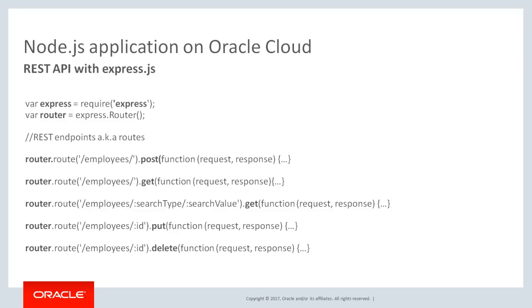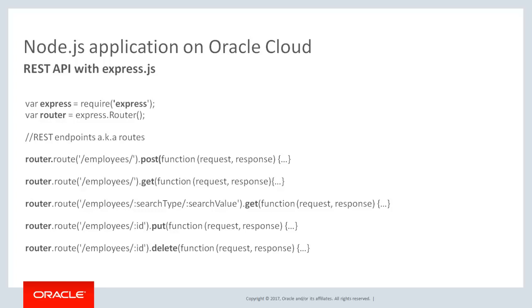We define routes to handle our client web requests, and these routes consist of the URI itself, the HTTP verb, and of course our implementation, which is skipped in this particular slide. We have different operations for our employee management application which map very well with the HTTP verbs.